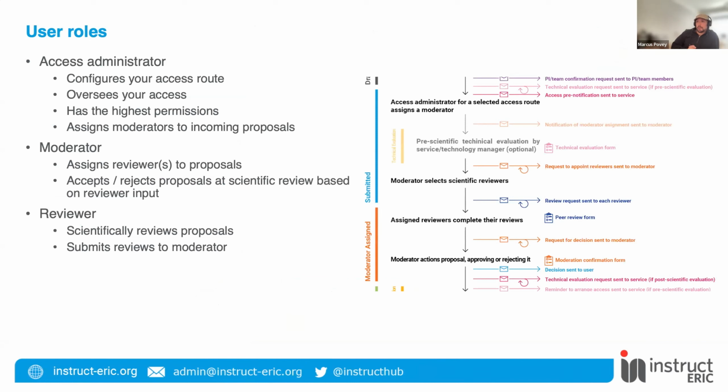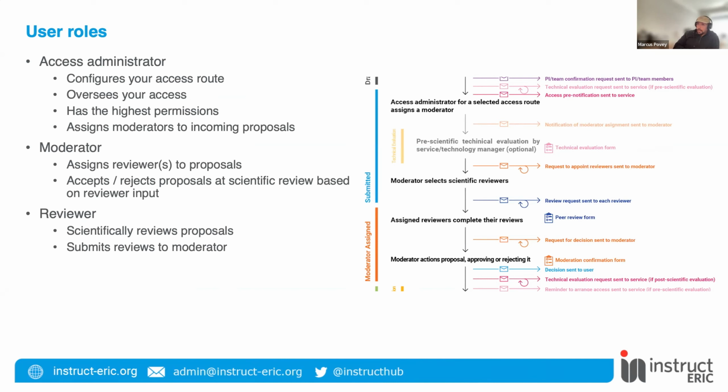So user roles. This is something that gets a bit confusing, especially seeing as some people have multiple roles within the system. But primarily, on the access side, we've got 3 main types of user. We've got the access administrator, which is generally 1 or 2 people, and they oversee the general flow of access within the system. They have the highest level of permissions, and the other thing they do is they assign the moderators.